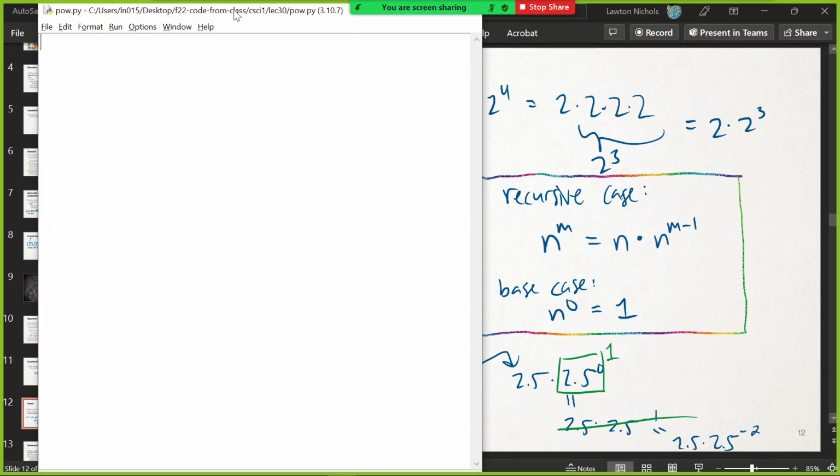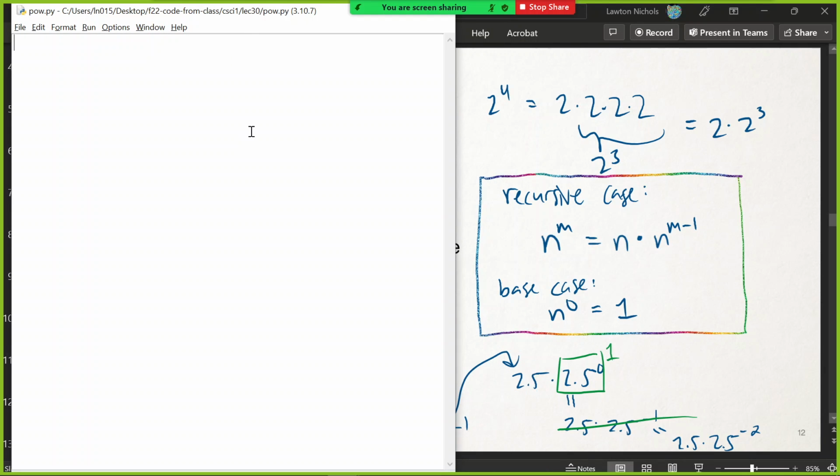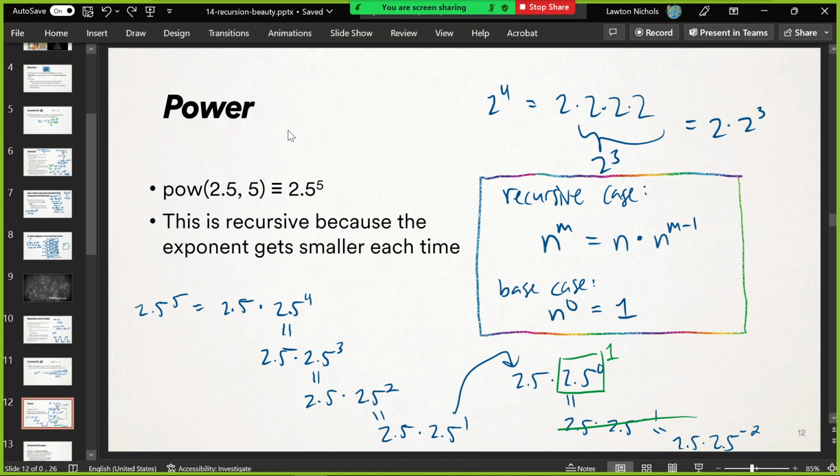So let's compute this. And then we want to use it like this, like print pow 2 and 4, so 2 to the 4th power. What was 2.5 to the 5th power? I have no clue. Let's compute it. All right. So def pow. That's going to take 2 numbers, right? The first thing is the number you want at the base.